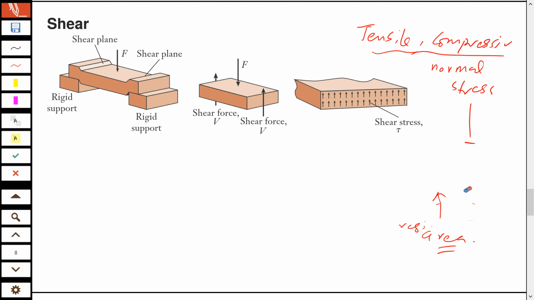Now we also told you that there are situations where it is more important to know another kind of stress, which is called shear stress.